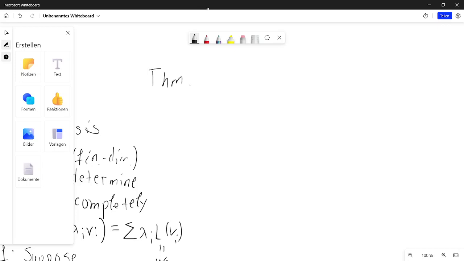Which is quite nice when we have to know something about existence of linear maps. Theorem.